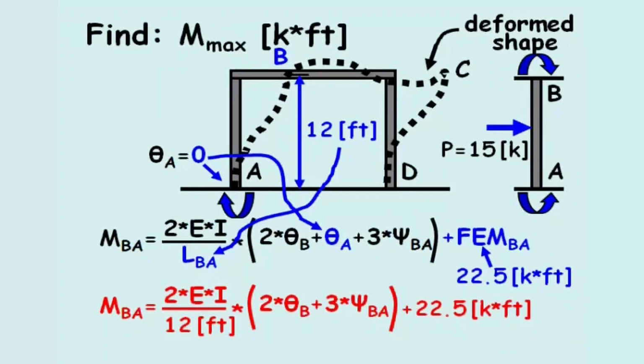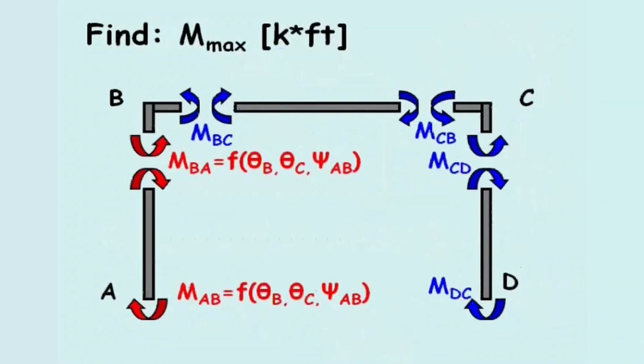Since slope deflection psi BA equals slope deflection psi AB, we can make the substitution in the equation for the moment BA. At this point, we've defined moments AB and BA in terms of theta B, theta C, and psi AB.